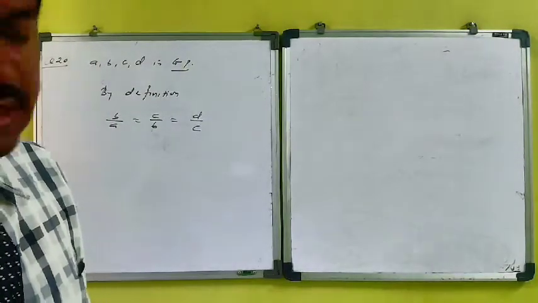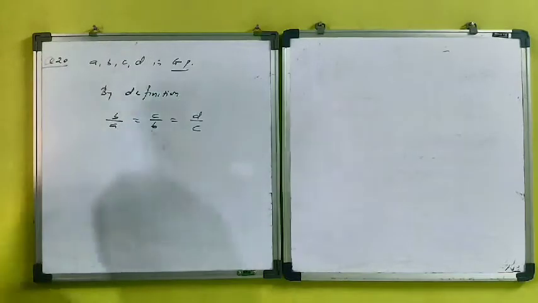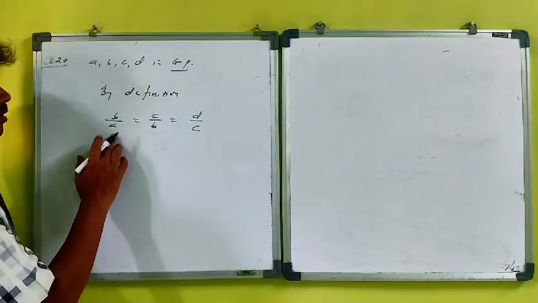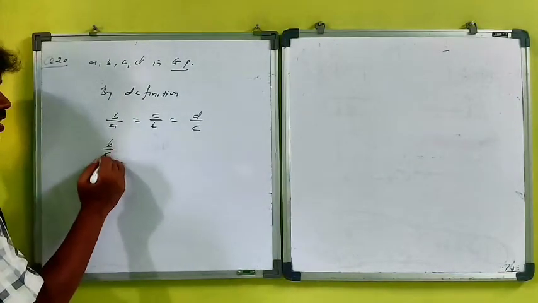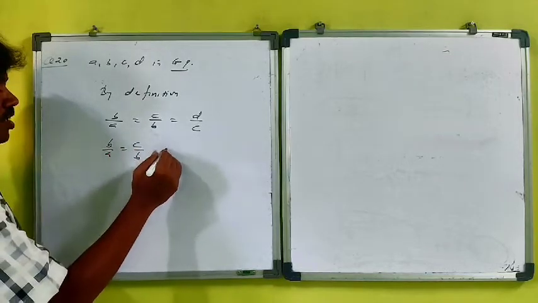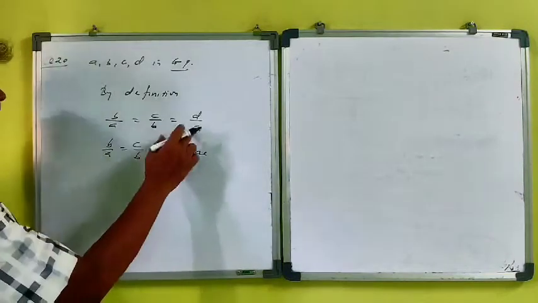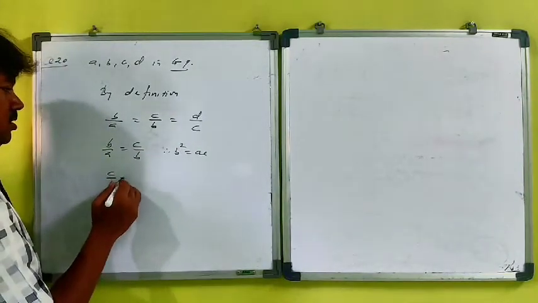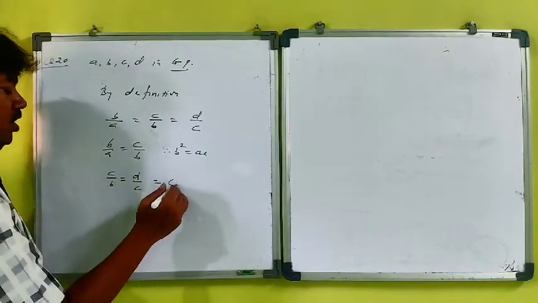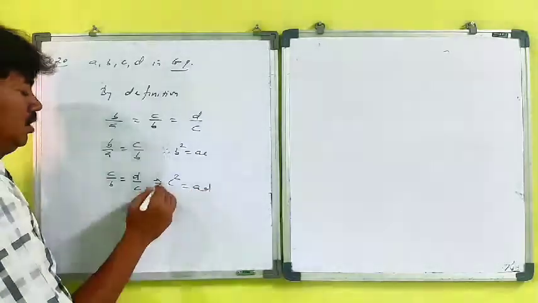If we equate this and this, B/A equals C/B, that gives you B square is equal to AC. If we equate this and this, C/B equals D/C will give you C square equal to BD.